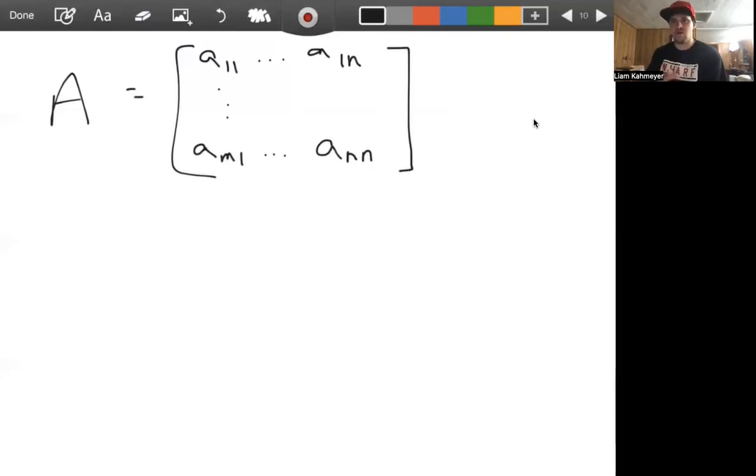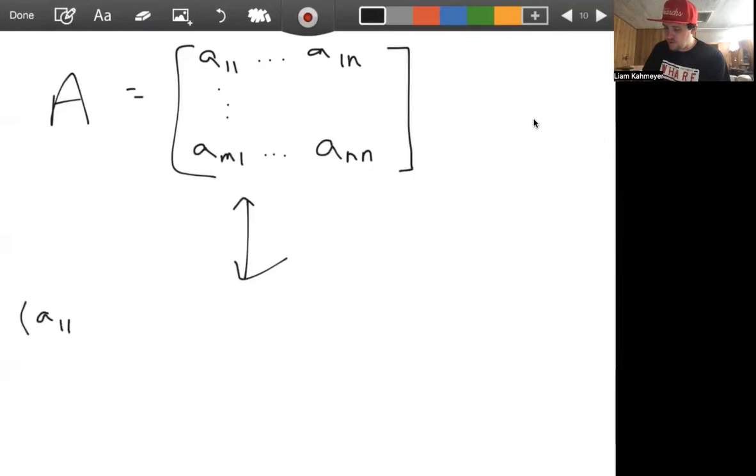We write it specifying rows and columns, but really what you could do is take away the notion of these numbers being entries of a matrix and just think about the collection of these numbers as a set.